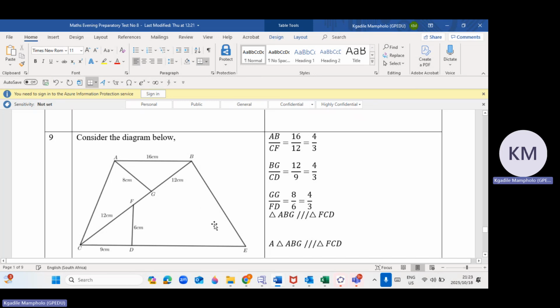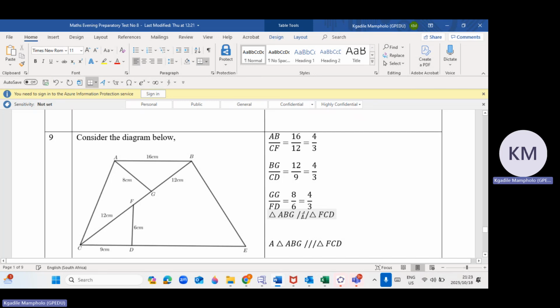In triangle ABG and triangle CFD, we check the longest side in each triangle. Here the longest side is 16 centimeters, and here it is 12 centimeters. 16 over 12 is 4 over 3. Then you divide the second longest, 12 and 9. 12 divided by 9 is also 4 over 3. 8 divided by 6 is also 4 over 3.